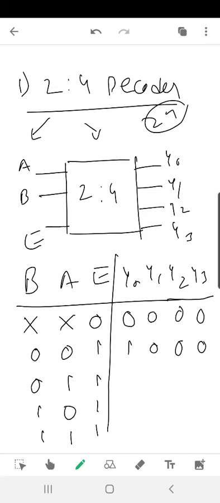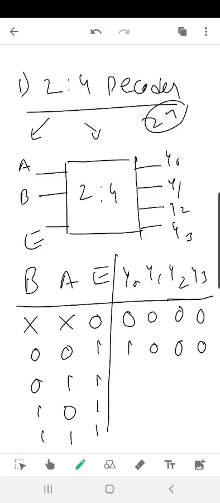Because when we talk about number systems, 00 represents 0, 01 represents 1, 10 is 2, 11 is 3. Similarly, 100 is 4, 101 is 5, 110 is 6, like this. So 00 represents 0, so y0 will be selected.